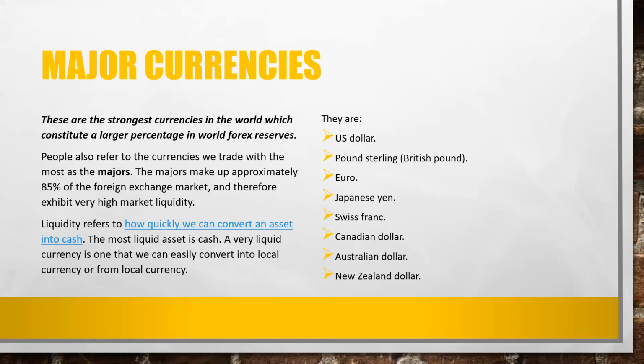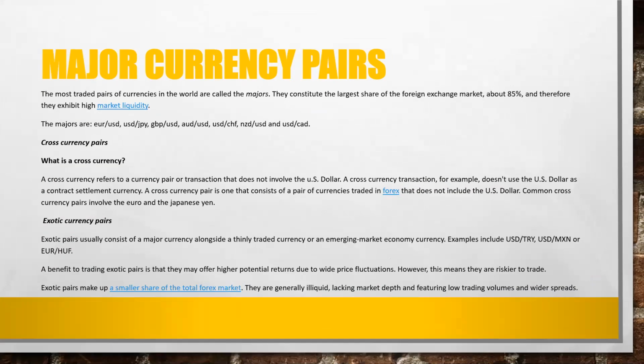When you're trading currencies, they are traded in pairs because you're exchanging one currency for another. So we have what we call major currency pairs. These are the most traded currency pairs in the world, and we call them the majors.